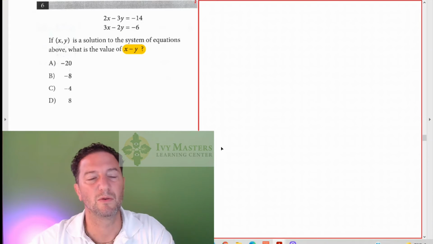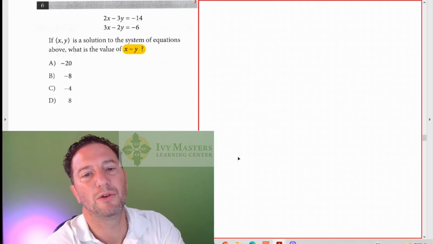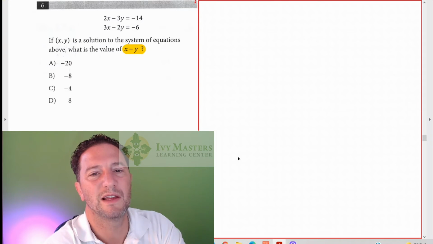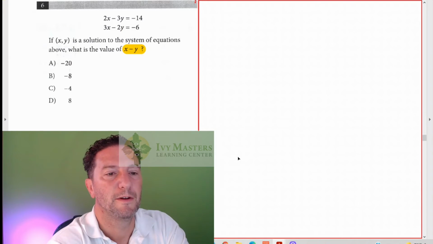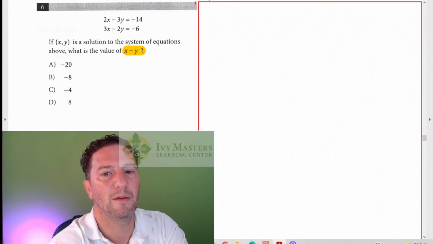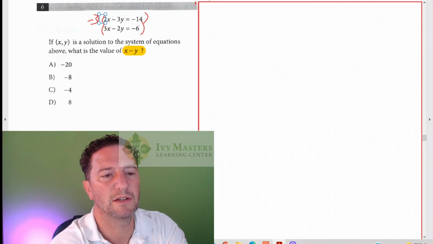So what's our alternative? Our alternative is either to eliminate or substitute. The way it's set up, both equations are in standard form of a linear equation. We should eliminate. How are we going to eliminate? Well, what I'd recommend doing is I'm going to multiply this top equation by negative 3, so my x terms are going to wind up canceling.